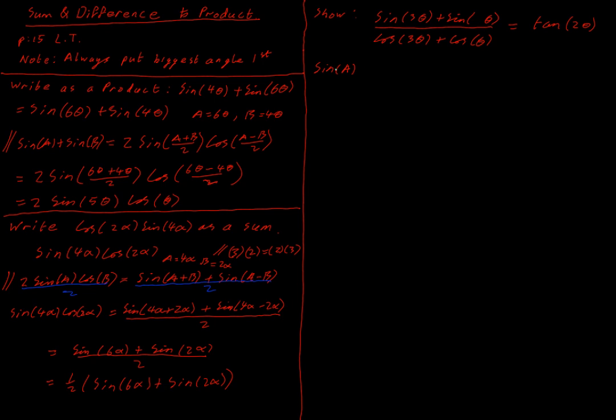So I have, from my log tables, sine of a plus sine of b is equal to 2 times sine of a plus b all over 2 cos of a minus b all over 2, and cos of a plus cos of b is equal to 2 times cos of a plus b all over 2 cos of a minus b all over 2.